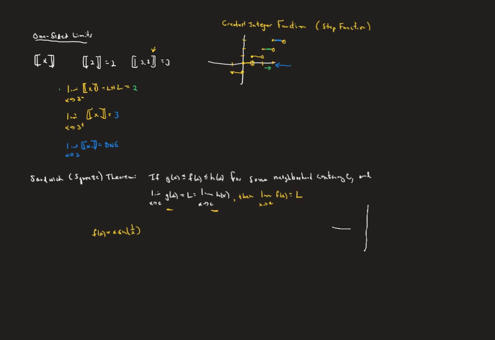So the sine of 1 over x, without the x in front of it, is that function that does this crazy oscillation. Now, if we put in the x as well, that's sometimes referred to as a damping function. So it's going to damp down those oscillations.